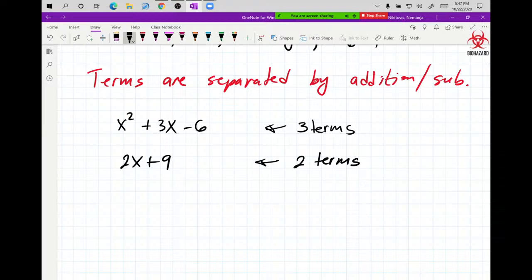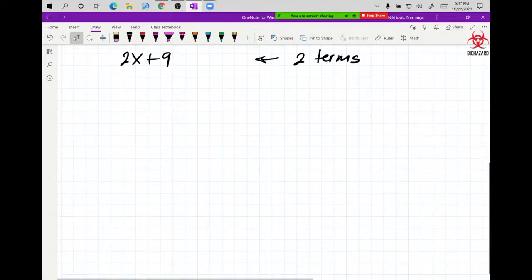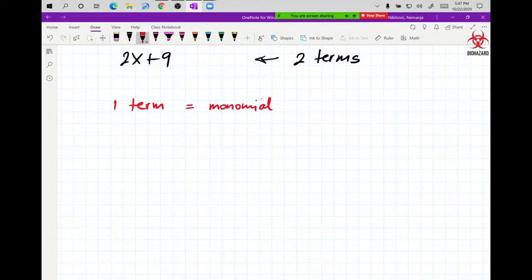So now we want to learn more words. When you have one term, we call it a monomial. The word mono means one. Then we have two terms. Those will be called binomial.